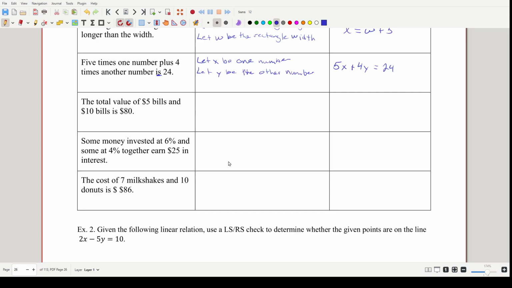Those are our unknowns. So let x be the number of $5 bills, and y will be the number of $10 bills.